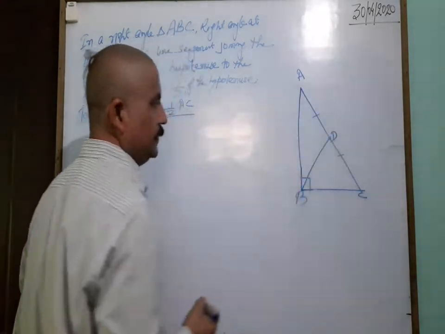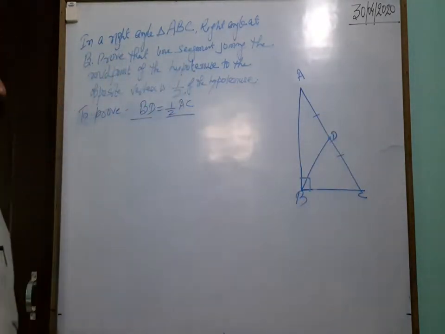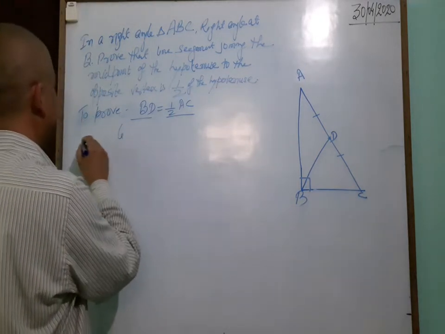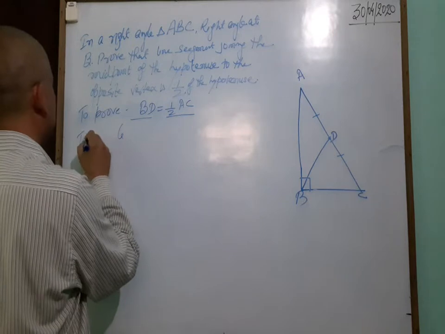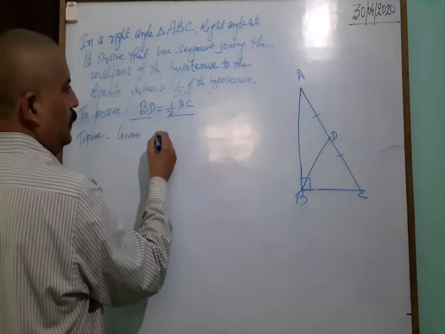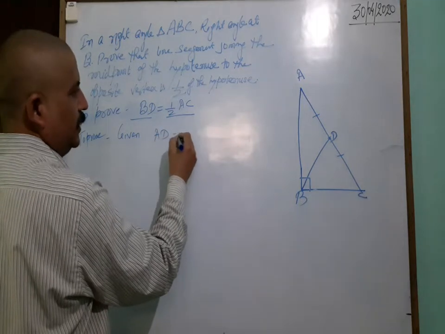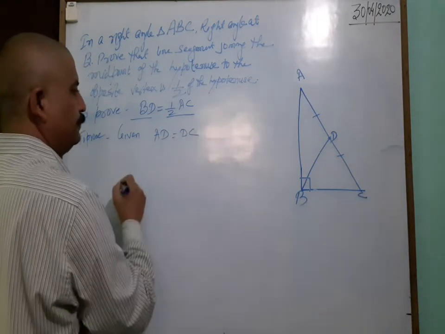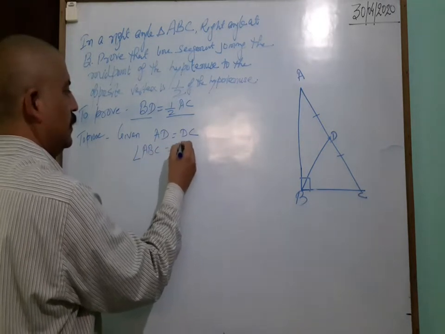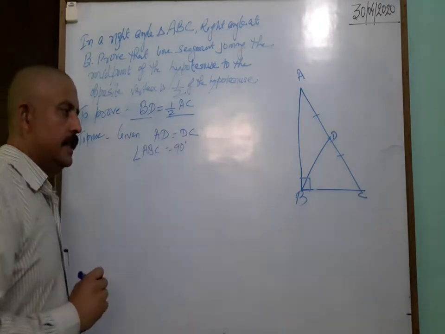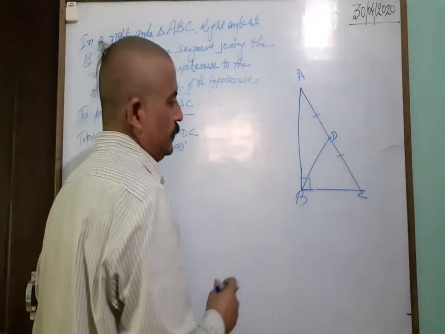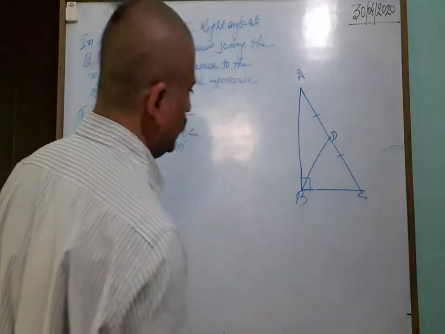So how to prove? First of all, given AD equals DC, angle ABC is equal to 90. That is the given.